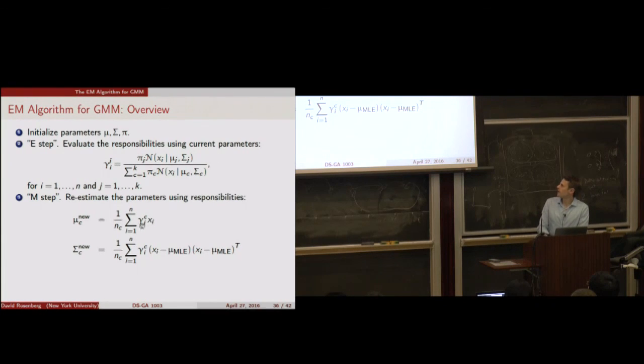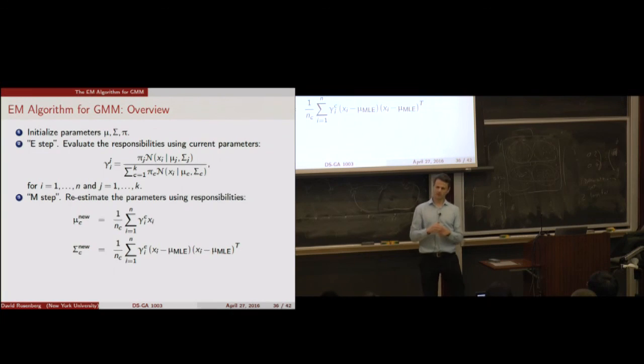It's weighted by the probability that each point is in cluster c. So to find the mean of cluster c, find the weighted average of the points, where the weighting is proportional to how probable it is that the point is in cluster c. Seems intuitive, right?